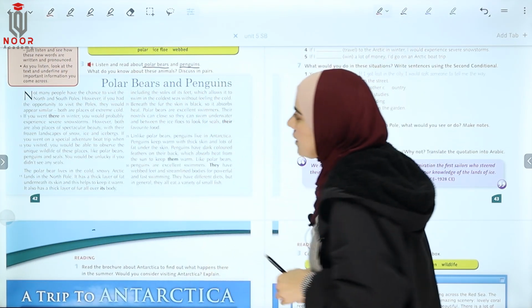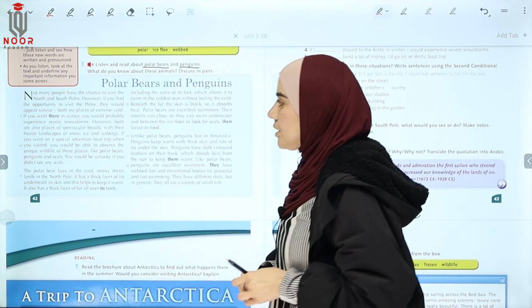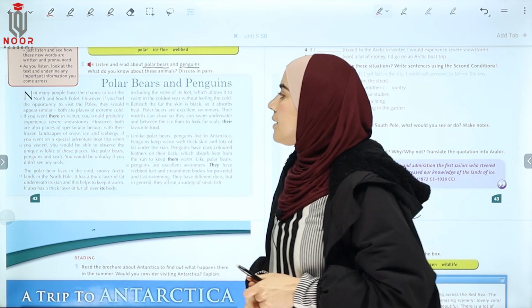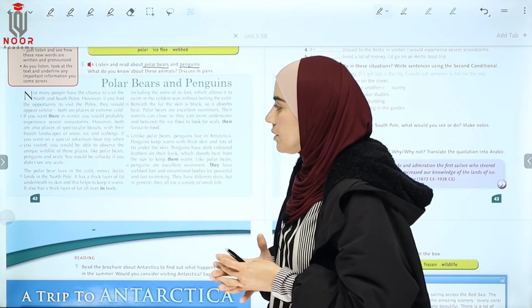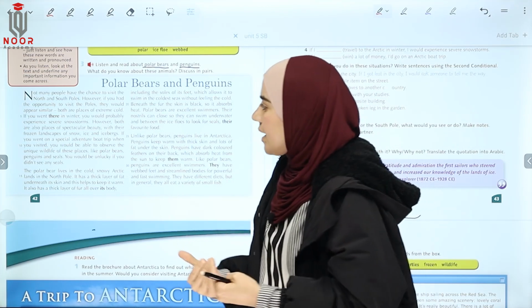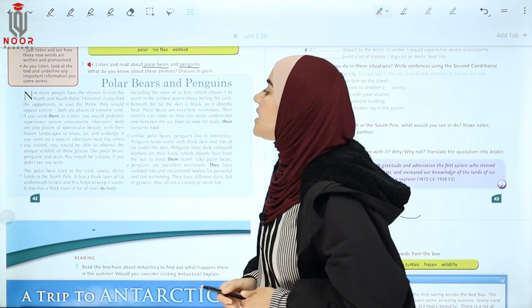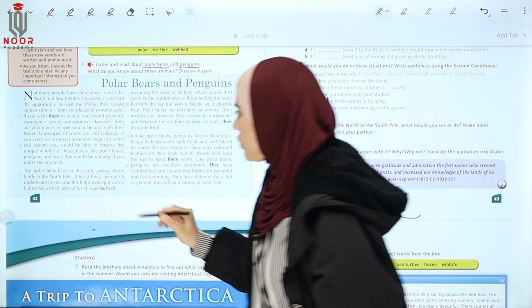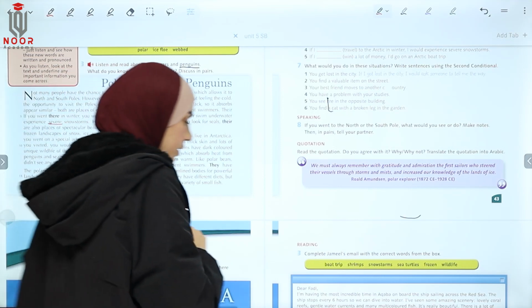Yes. So, however, if you had the opportunity to visit the poles, they would appear similar. Both are places of extreme cold. If you went there in winter, you would probably experience severe snowstorms. So here severe, it's a very important word.